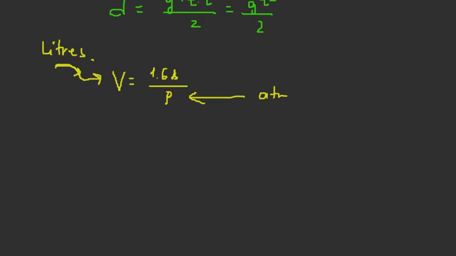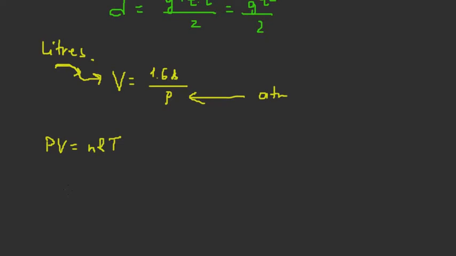The first thing we should do is write down the ideal gas equation: PV is equal to nRT, the number of moles of gas, gas constant, times temperature.